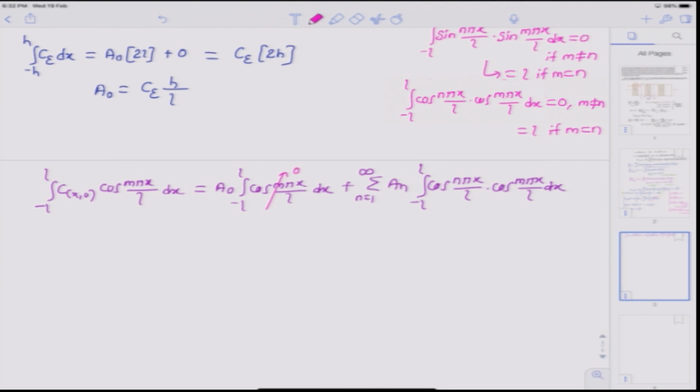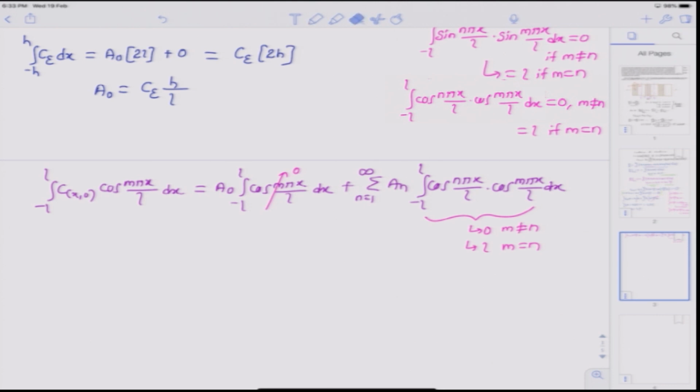The second integral, we know this is 0 for all values of m which is not equal to n, and this is equal to L when m is equal to n. So, in this summation all other terms will vanish except for m equal to n.